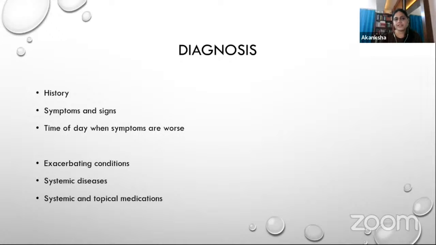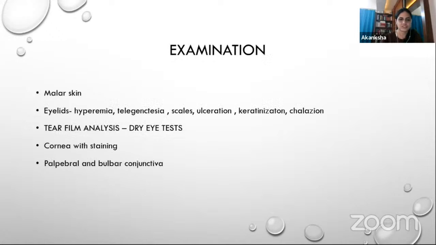But patients who primarily have blepharitis or Meibomian gland dysfunction are always worse in the mornings. You can also ask them about any exacerbating conditions, any systemic diseases, or systemic and topical medications, like we just discussed: if they are using isotretinoin, if they are on hormone therapy, or if they are using any contraceptives, all these may also have some role to play in Meibomian gland function.